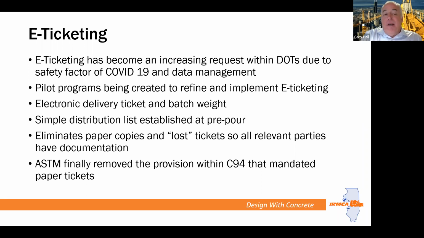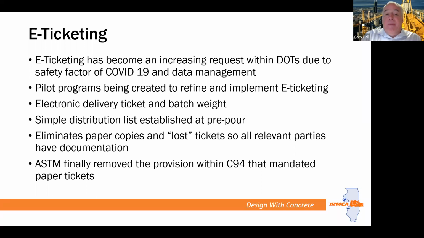Along with the e-ticketing, you could provide electronic batch weights as well, like previously with paper copies. Those would go out to those established at a pre-pour meeting on a distribution list to make sure all the stakeholders receive copies of it.